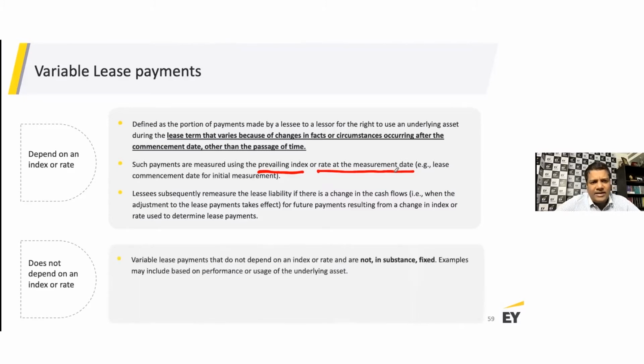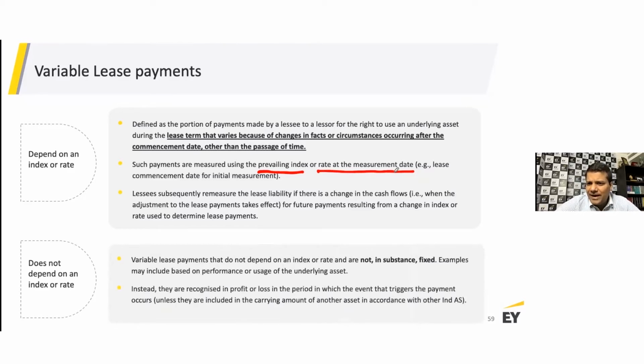From a P&L perspective, if the variable lease payment does not depend on an index or a rate, and is not in substance fixed, examples may include payments based on performance or usage of the underlying asset. If that is the case, then they are recognized in profit or loss in the period in which the event that triggers the payment occurs.